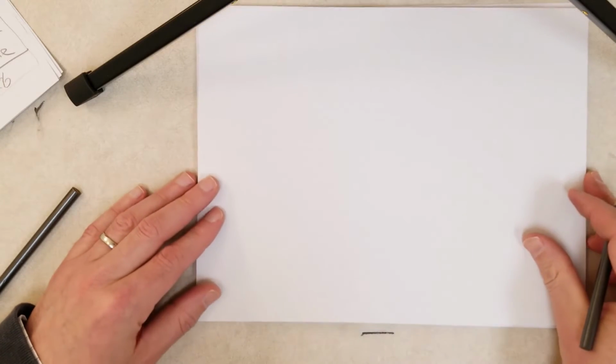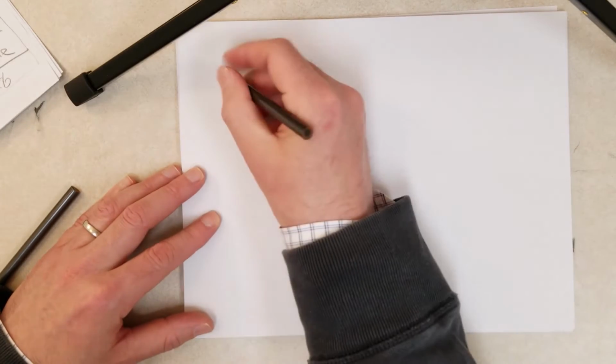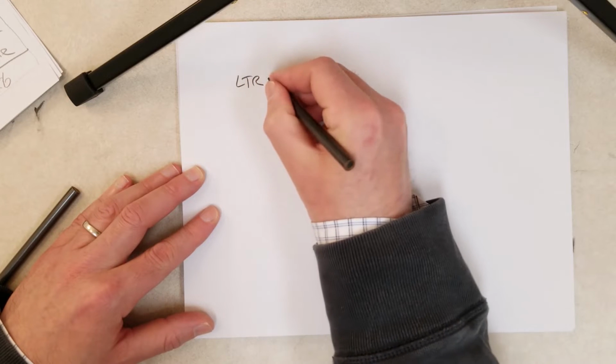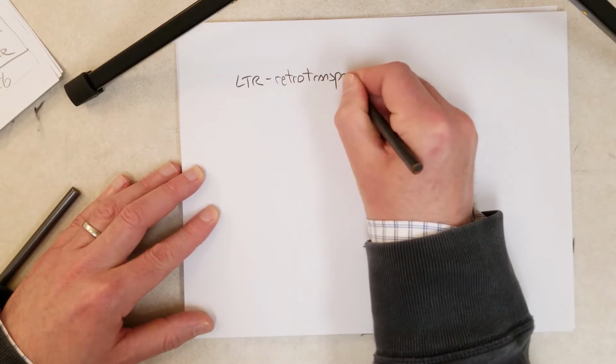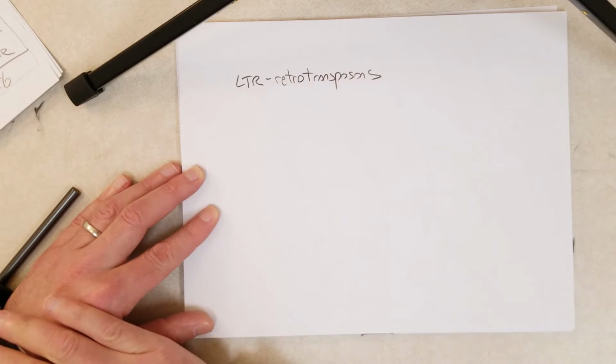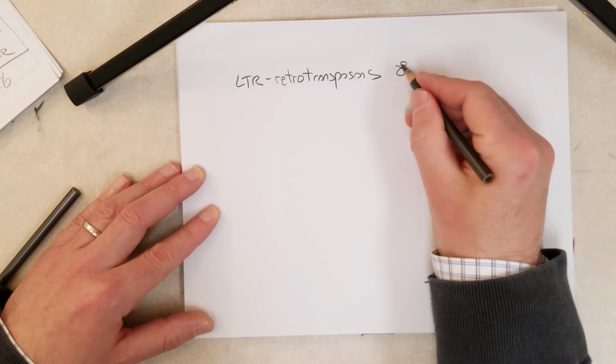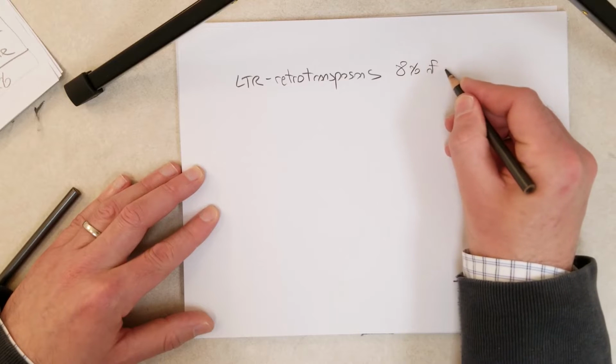Within class 1, there are 2 subclasses. The LTR retrotransposons make up 8% of the human genome.